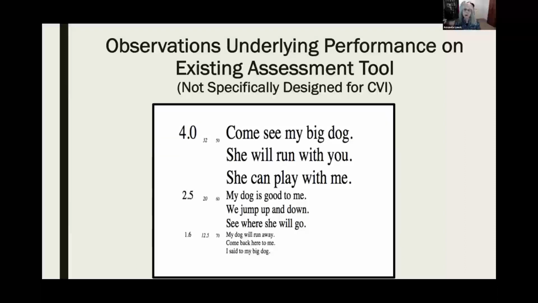I will often give this to children who are beginning readers who have CVI. And I'm interested in print size. But what I found is when giving this test, I find so much information about the quality of their CVI.